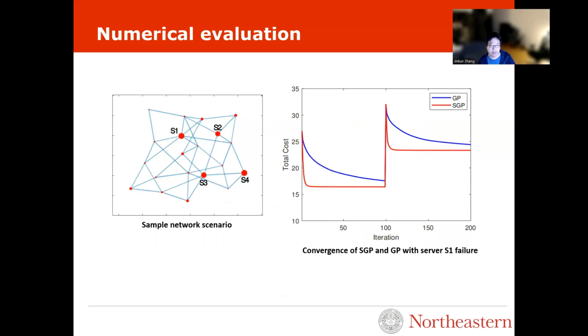Now we also have a more refined test on this left scenario, which has 20 nodes and four major servers. The size of each node represents its computation capability. Now we remove node S1 in the middle of the simulation, and you can see that both GP and SGP adapt to the topology change, but SGP converges much faster due to the scaling matrix that we use.